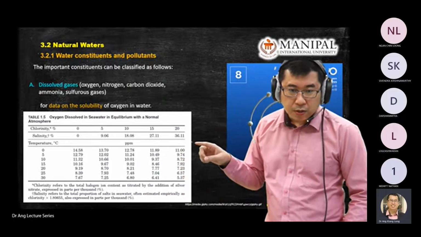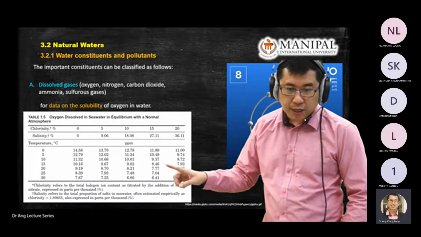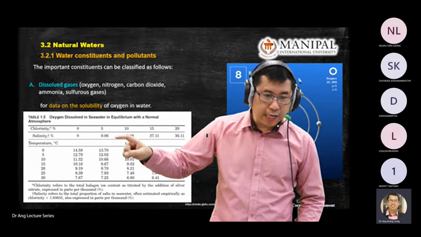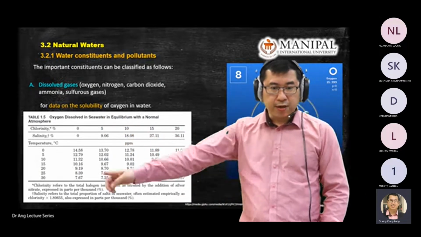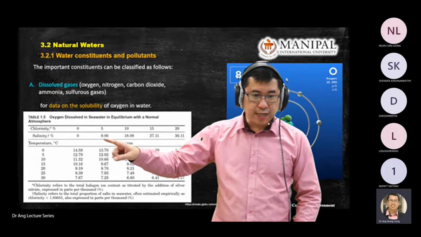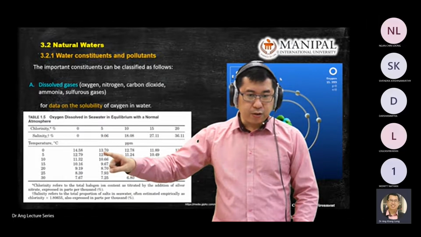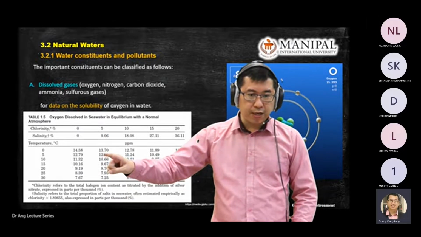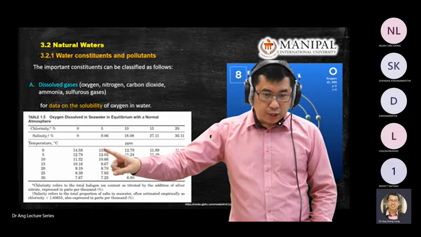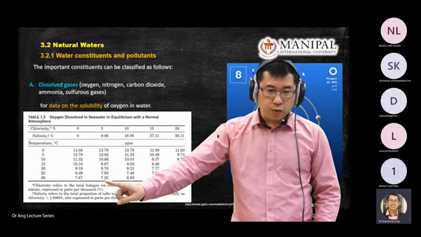Okay, so it almost agrees with the percentage of your chlorinity and also salinity, right? So let's say you have a very perfect case, 0 chlorinity and salinity. You see the value also drops 50%, from 14 ppm at 0 degrees C to 7.